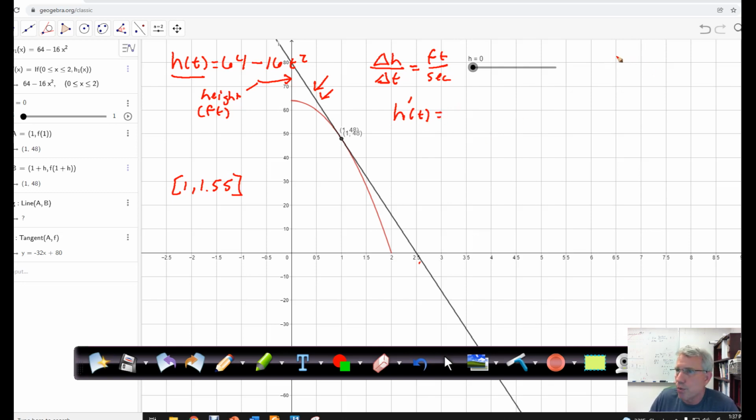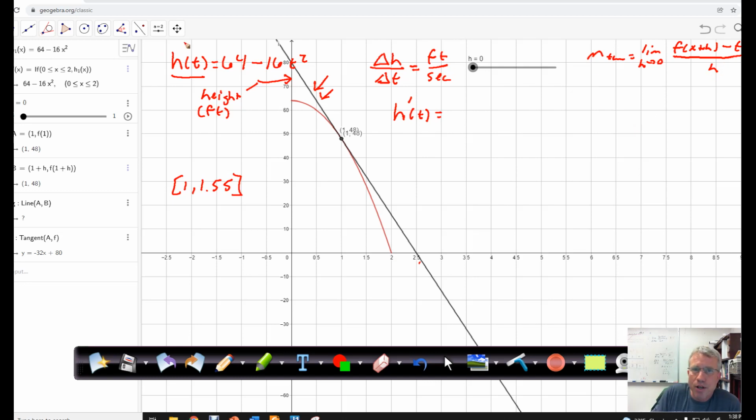And remember, the difference quotient said, to get the slope of the tangent line, take the limit as h goes to 0 of f of x plus h minus f of x, divided by h.